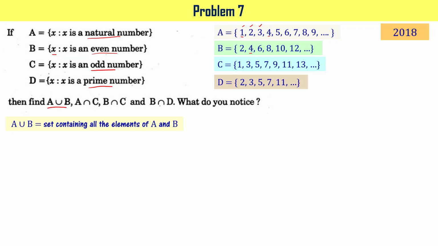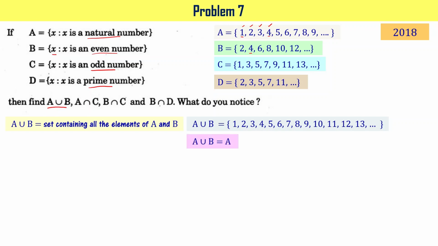It means I can include only once, so let's write that way. A union B is going to be the set containing elements 1, 2, 3, 4, 5, 6, 7, 8, 9, 10, and so on. What you must have noticed now is A union B equal to A.